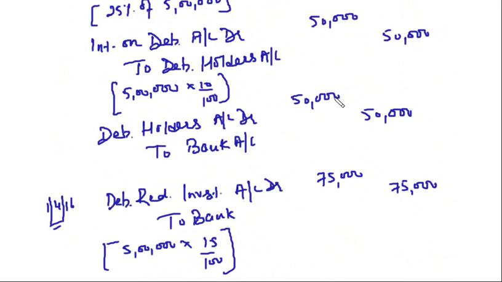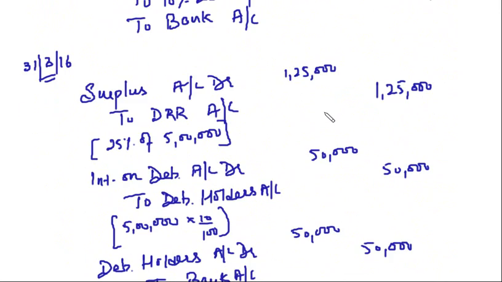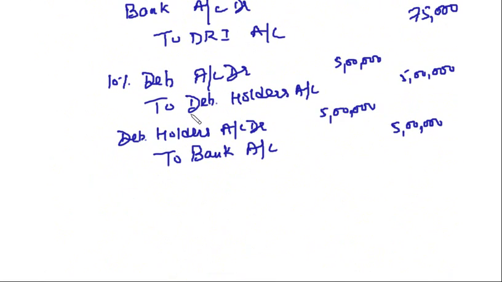Then the last, I told you in the last we have to see what is the balance lying in DRR. Now, until and unless the question specifically says that we have used DRR for redemption, we assume that we have not used DRR, redemption is out of profits, right? If the question specifically says that we have used DRR for the purpose of redemption, then accordingly we have to see the balance.